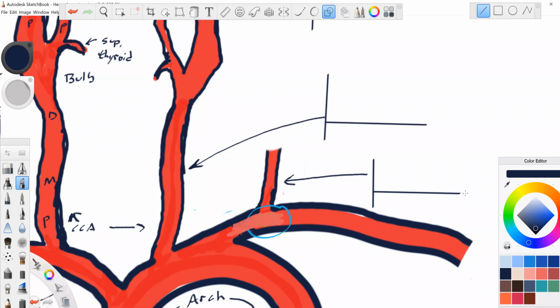Okay, well, let's work up, not necessarily in the order of an exam. But I have here, this first vessel is, of course, the vertebral artery. The vertebral artery feeds the brain. The brain wants blood.